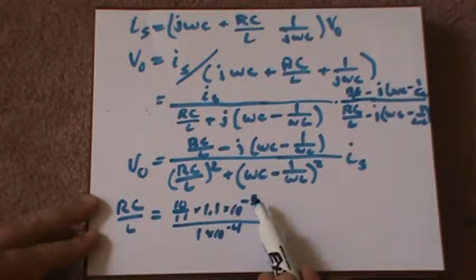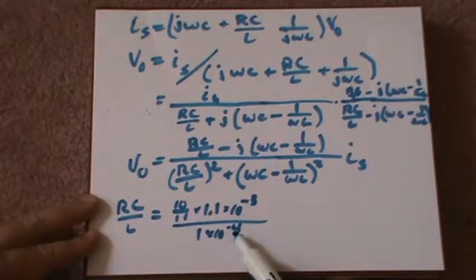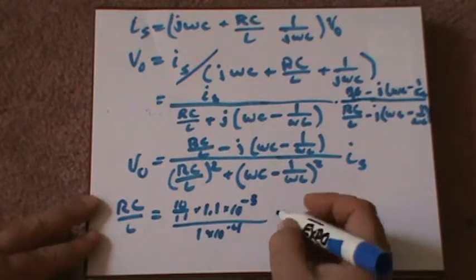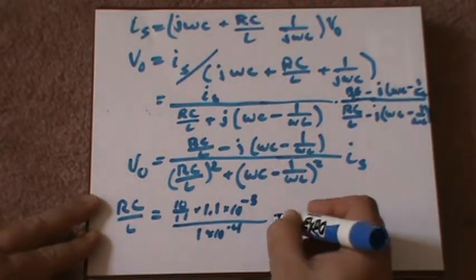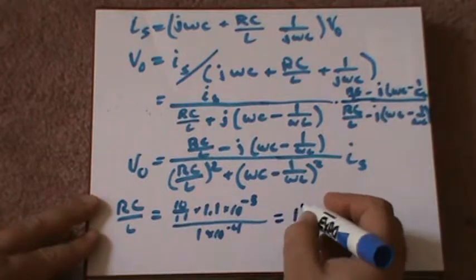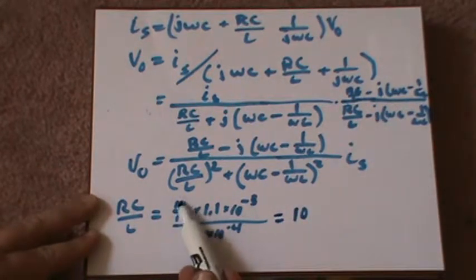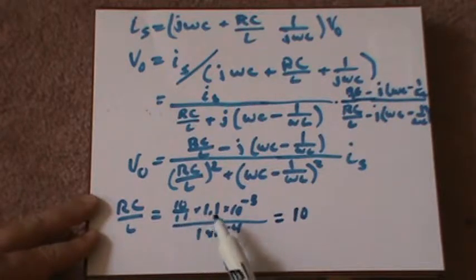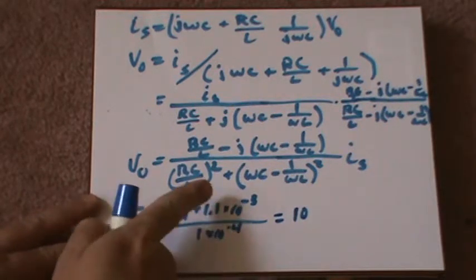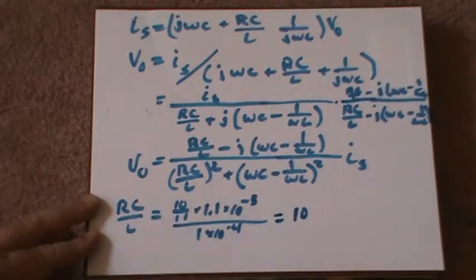And then I've got 10 to the minus third over 10 to the minus fourth, so I will end up with 10. So this just equals 10.